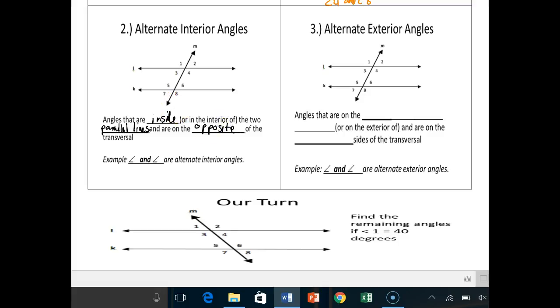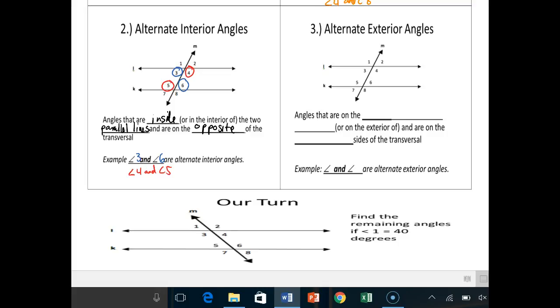Okay, so there are two sets of alternate interior angles. Angle 3 and angle 6. So if I told you angle 3 was, say, 45 degrees, that means angle 6 would also be 45 degrees. And then angle 4 and angle 5. So if I told you 4 was, let's say, 110 degrees, then 5 would be 110 degrees.